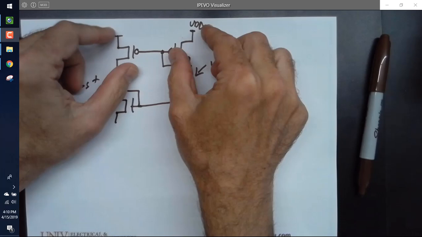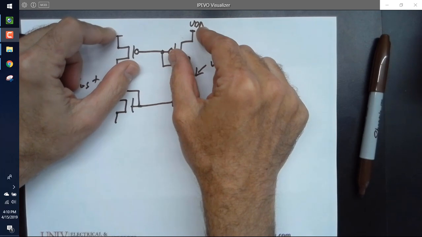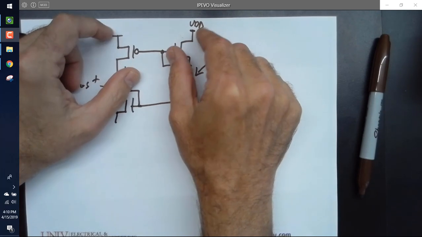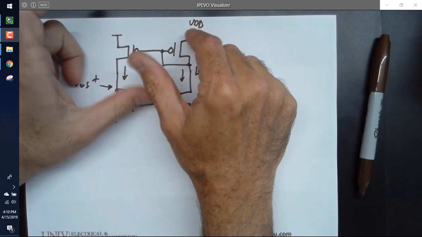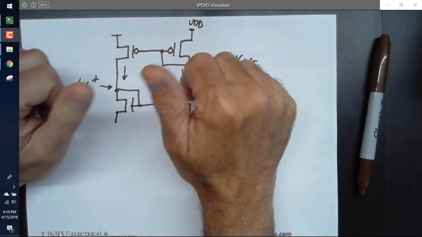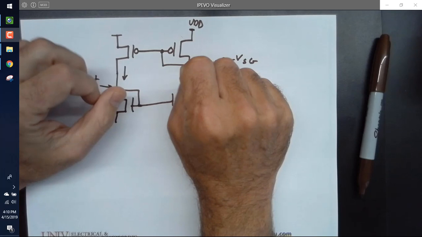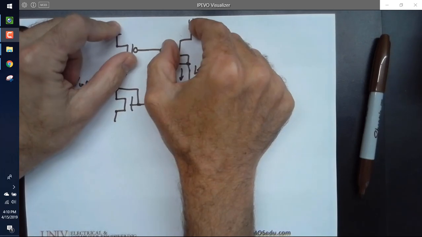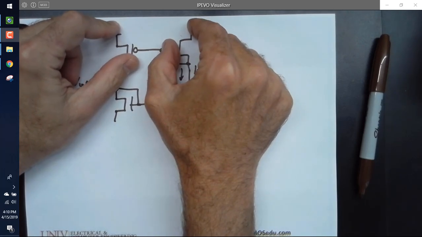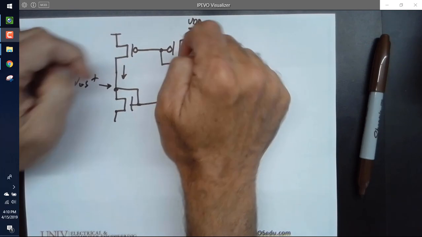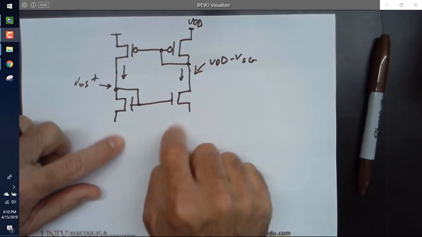Well, let's just look at the PMOS. If the temperature changes, do I need to take into account the variation in the threshold voltage or mobility? No, because if it changes, it's changing the voltage, the VSG here, but it's not changing the currents. The currents are going to be defined by what's going on down here.